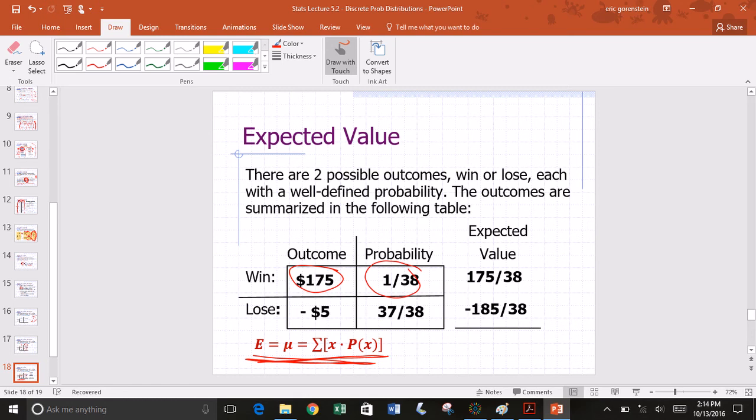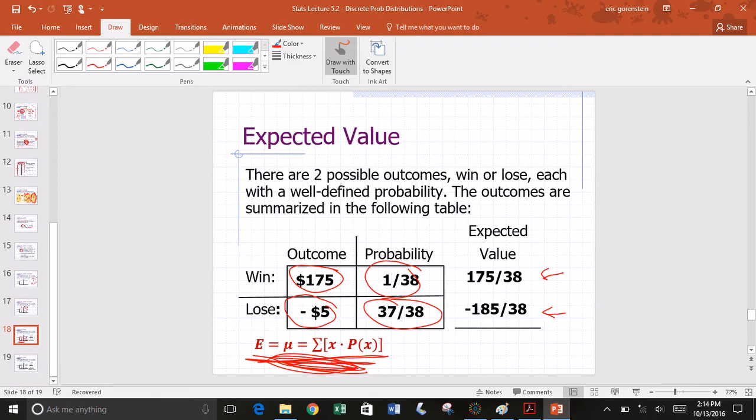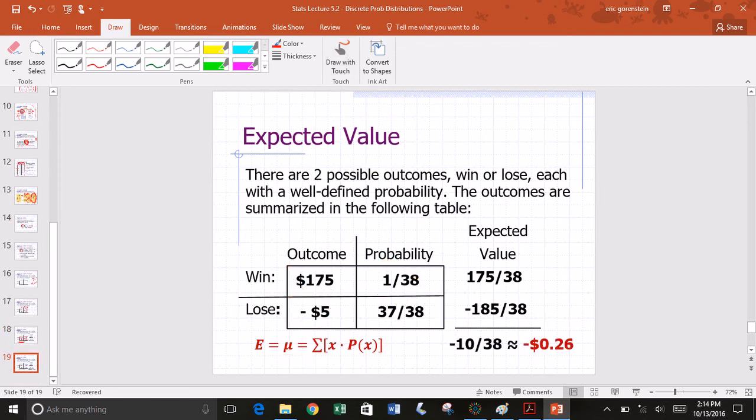And if we take, in the loss case, x times p of x, we get negative 185 over 38. So this formula down here says to calculate each individual value and then add them up. So the expected value for this particular experiment is negative 26 cents.